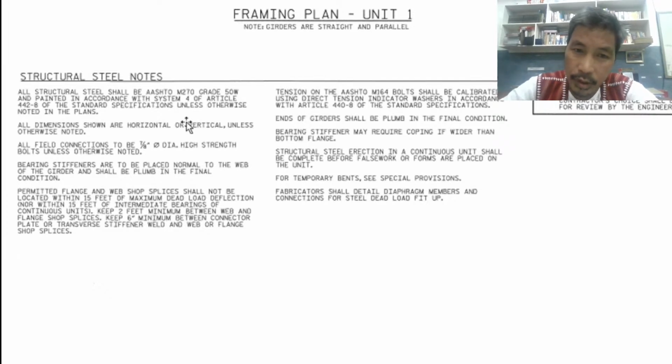It did not use AISC because this steel is for highway and bridge application. That's why they have to follow AASHTO, the American Association of State Highway and Transportation Officials.